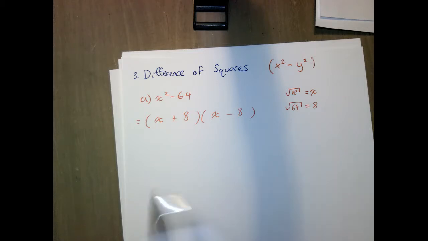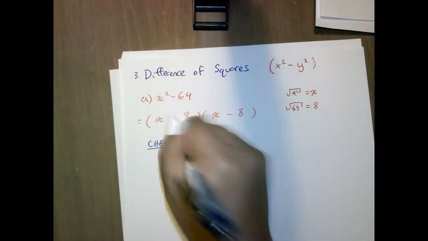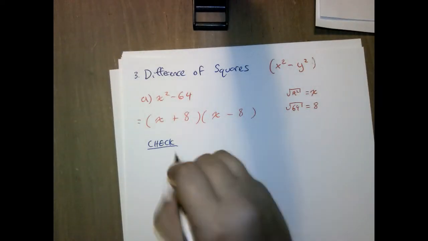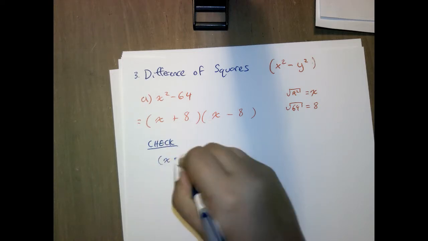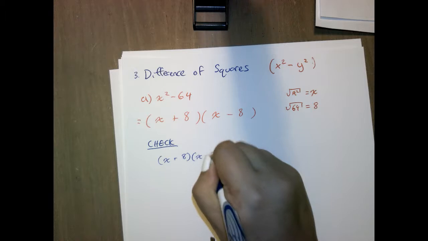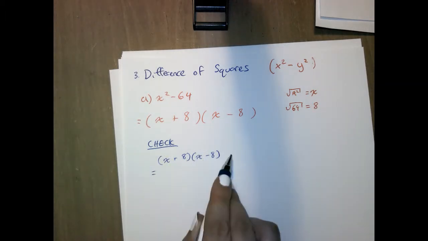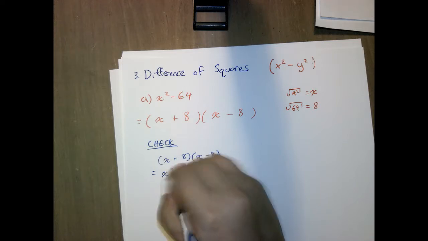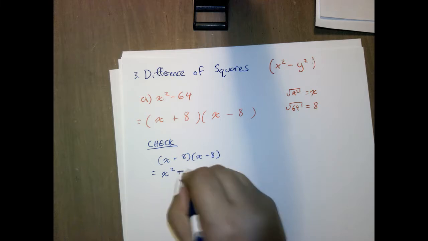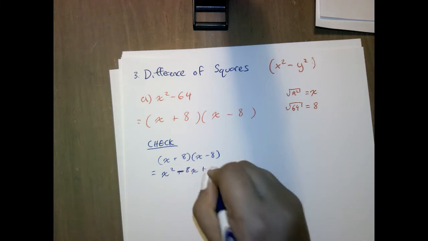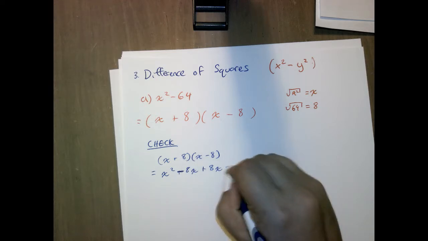So once again, let's check our answer just to prove to ourselves that this form does in fact work. If I have x plus 8 times x minus 8, and I'm expanding this out using the FOIL method, I'm left with x squared plus, or in this case, minus 8x plus 8x, my inside terms, and then my last terms are minus 64.